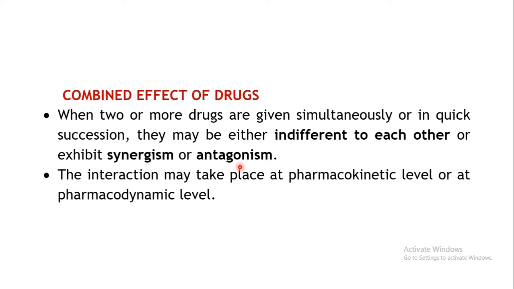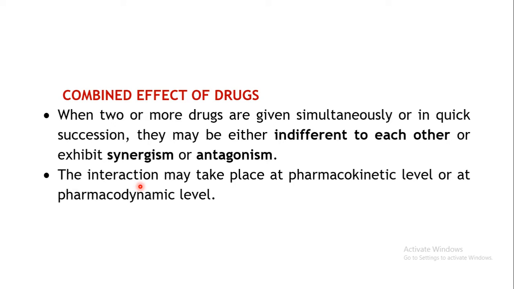So these are the three possibilities which may take place when you combine drugs. Such combined effects, or alteration of the effects of one drug by another drug, are known as drug interaction. So if one drug affects another, or both drugs affect each other, it is known as a drug interaction.